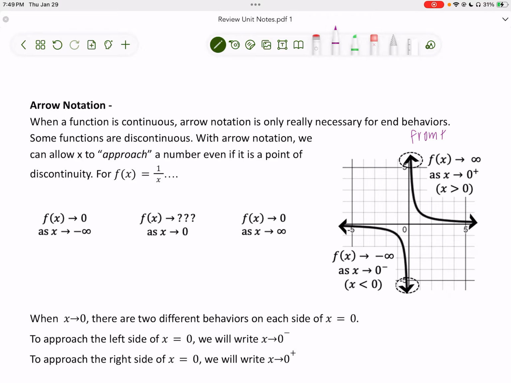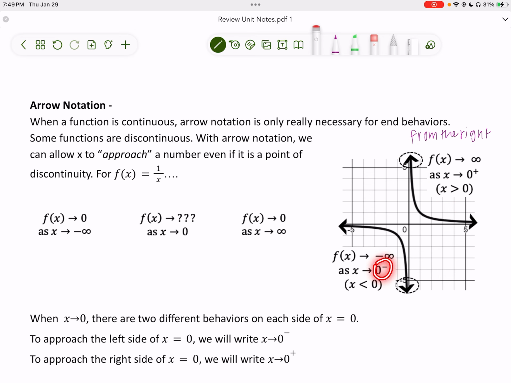The way that you would say this is f of x approaches infinity as x approaches 0 from the right, which makes sense. Y goes up to infinity as x is coming in to 0 from the right side.